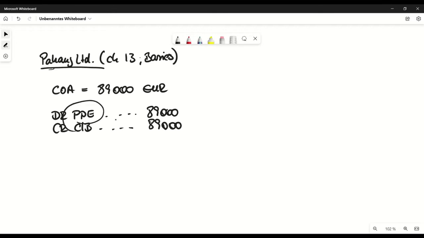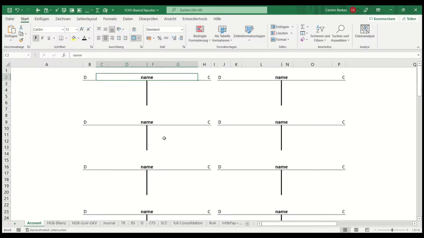Instead of the property, plant and equipment account, the company can use an account which is dedicated to that particular machine. For example, we say debit entry CNC machine, or we just identify a business car by its license plate. In the first place, we record the acquisition in the property, plant and equipment account.